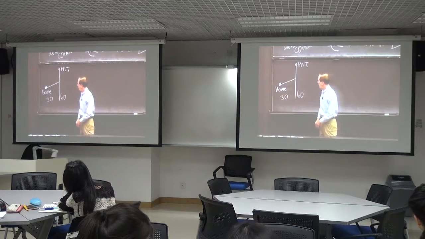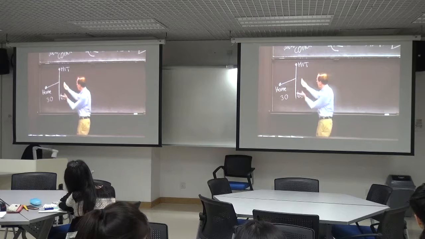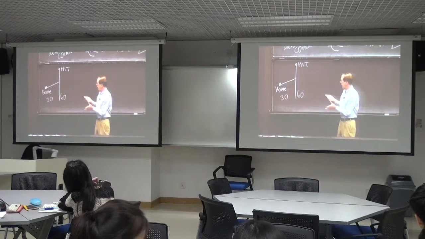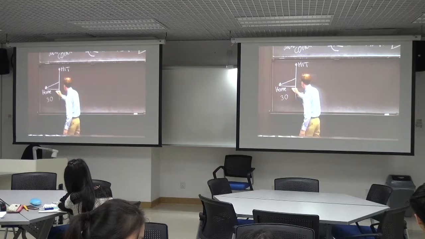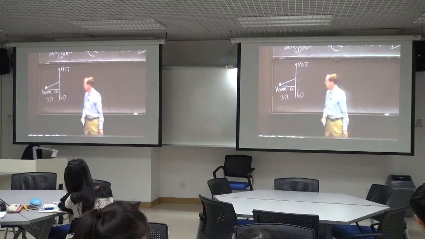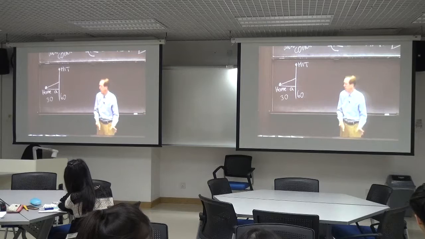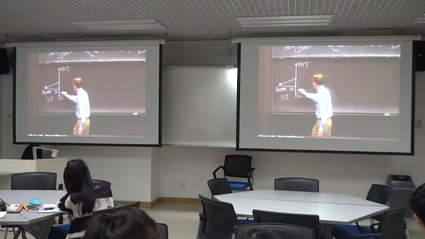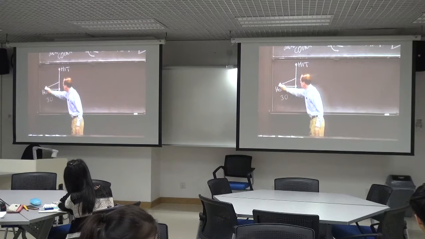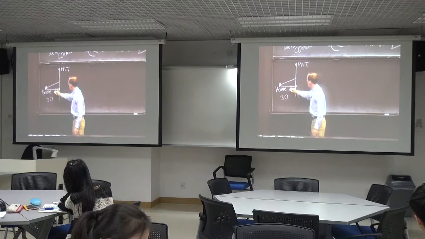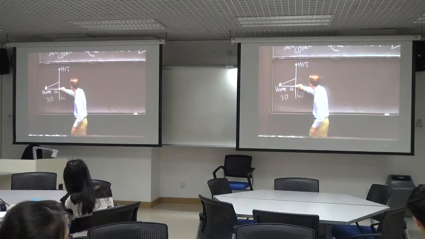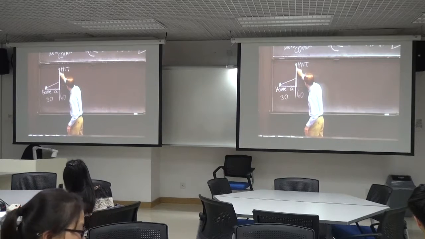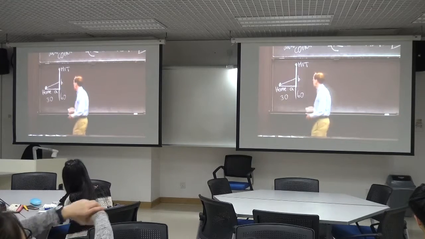Now I should have put in some measure. Let's call that distance A, whatever it is. Maybe it's about 3 miles. So that's the direct distance. If I just went direct to the turnpike, I would go a distance A at 30 miles an hour, and then I would go a distance, which I call B, at 60.